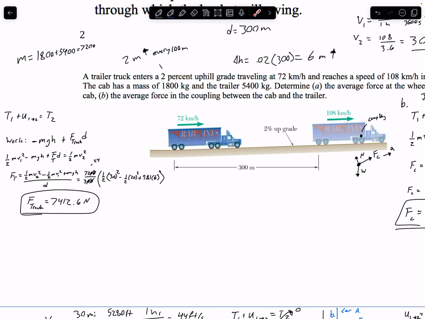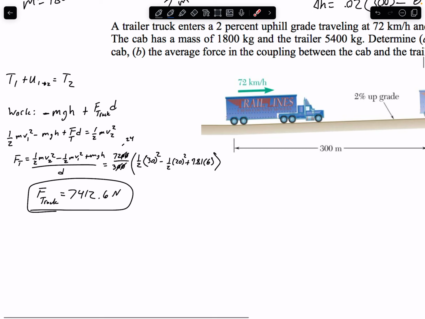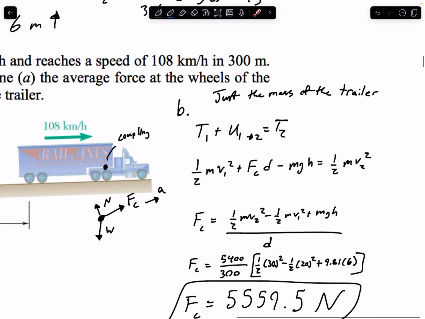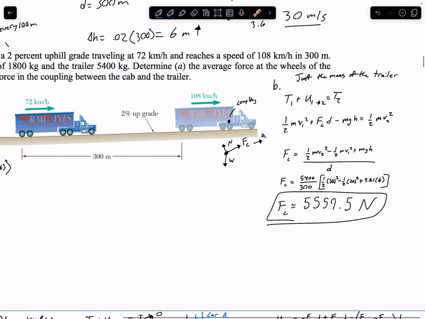We know that kinetic energy is equal to 1/2 mv squared, and we have that on both sides. We have the initial velocity, final velocity, change in height, and the distance traveled. So using that, we just plug in, do a bit of algebra, and we find that the force of the truck is 7,412.6 newtons.